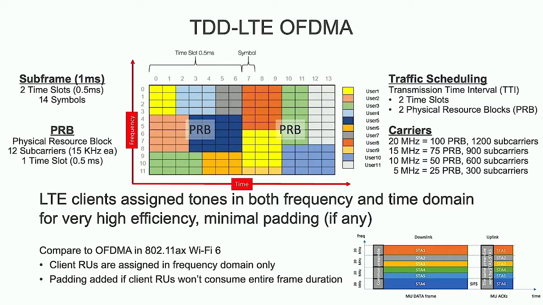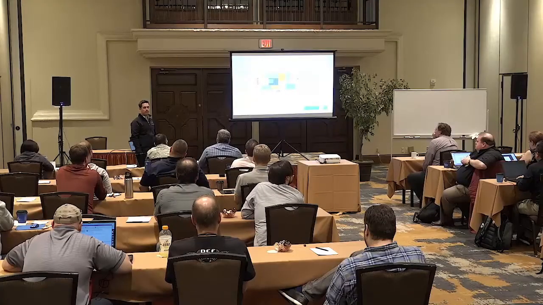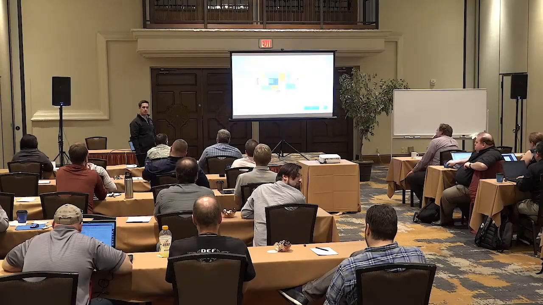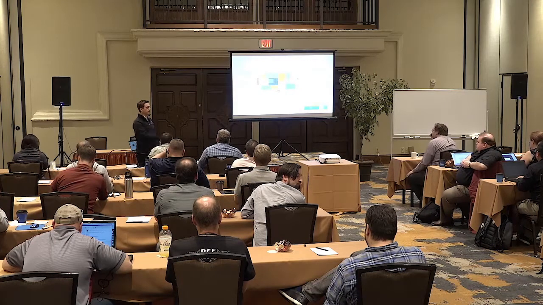Yeah, OFDM tone is the most granular unit. But you're absolutely right, for scheduling purposes, PRB is what you need. So would each one of those little boxes be a tone? A subcarrier for a symbol? Yeah, an OFDM symbol and a tone is the unit. Okay, so that would be a tone.